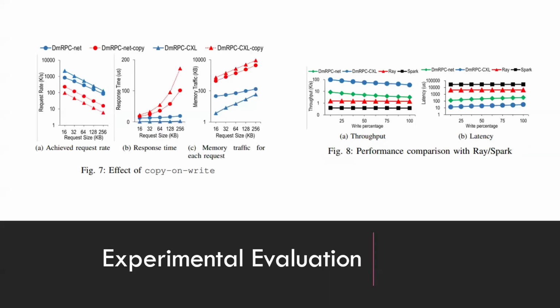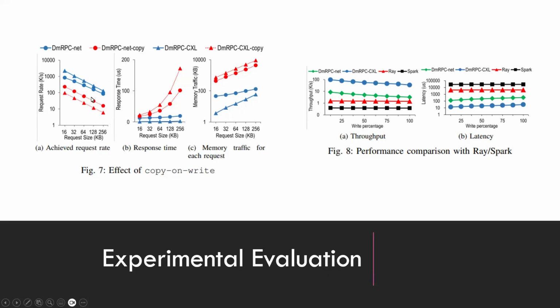Yeah, anyway, next experiment. Here we have the effect of copy on write. So what happens when they copy the data and when they don't? They have all the same except that in the copy version they copy the data itself while going through the microservices, and in the other way they don't. So the request rate is much higher.